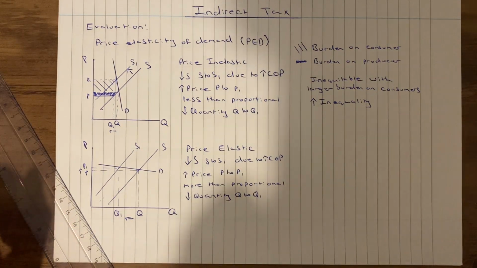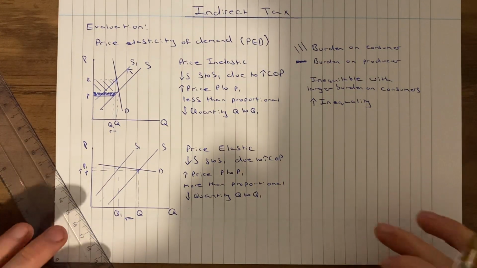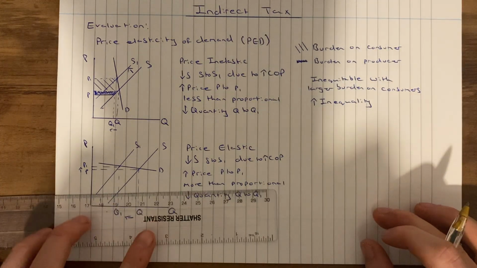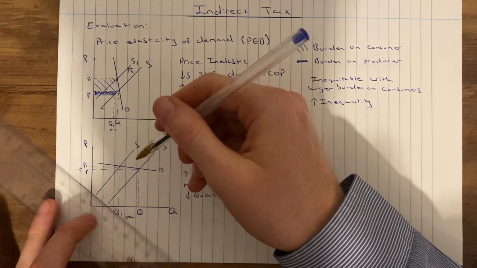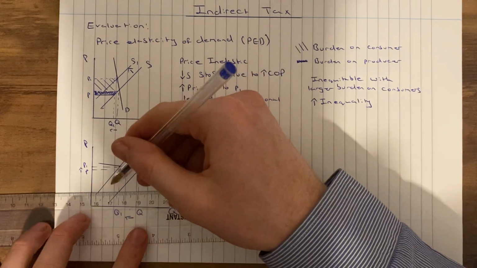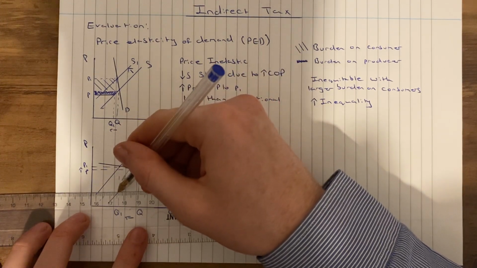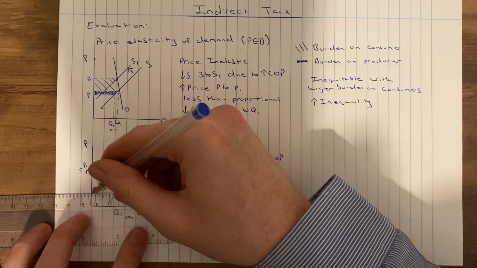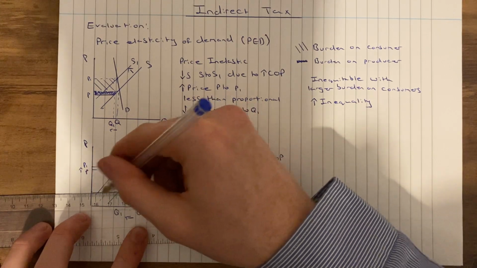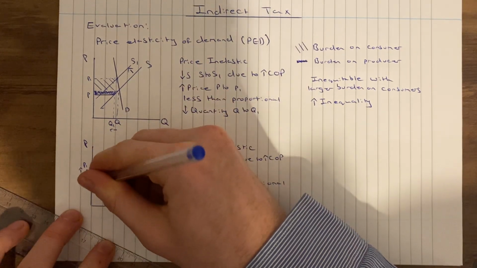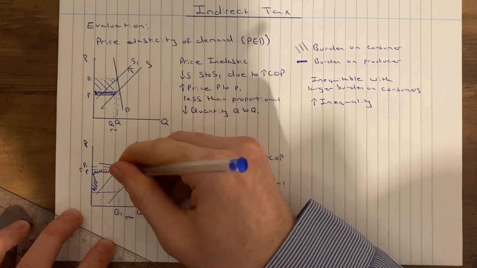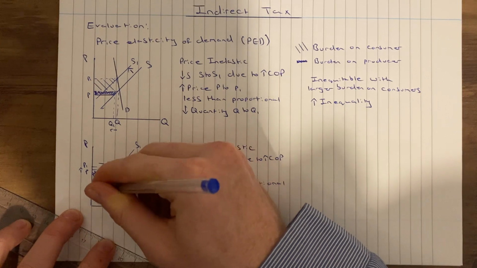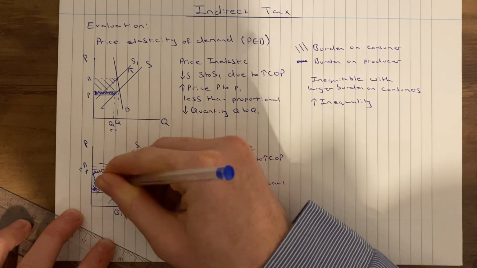With regards to if the price elasticity of demand was price elastic, we can see the vertical distance between the two supply curves demonstrates the size of the indirect tax. So again, I'll keep the same kind of annotation.